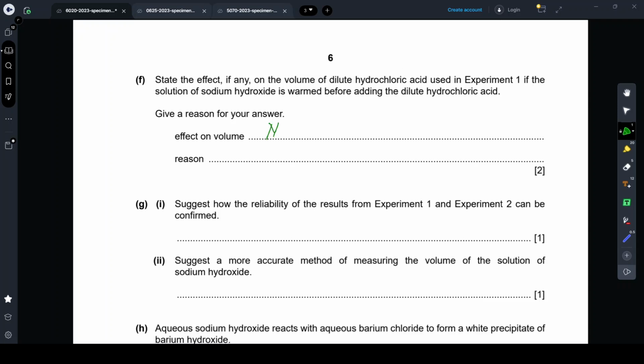Now the reason is what? Because the ratio is 1:1 between the hydrochloric acid and the sodium hydroxide. That is the ratio in the equation. So what is actually happening?